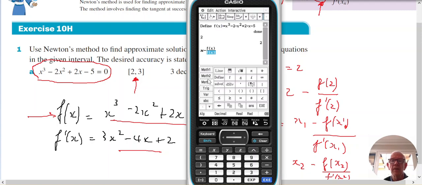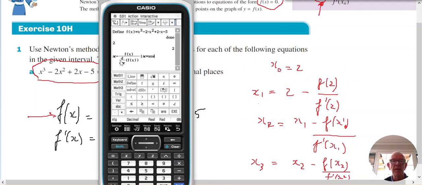But all this, I'll take its derivative with respect to x, and I'm going to say given x equals the last answer, which in the first case will be 2, and that will give me this expression. So this x minus f of x over the derivative when x equals x is going to give me this first one, and when I press EXE, I get 2.1666.